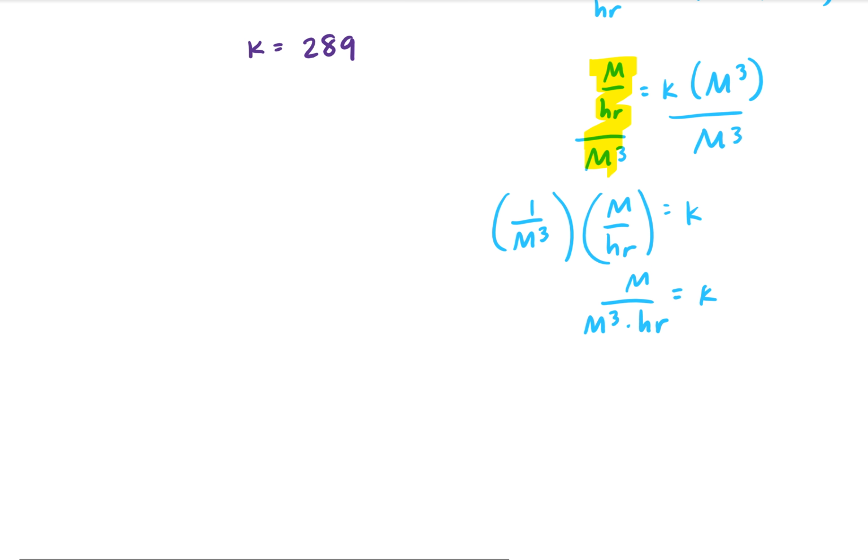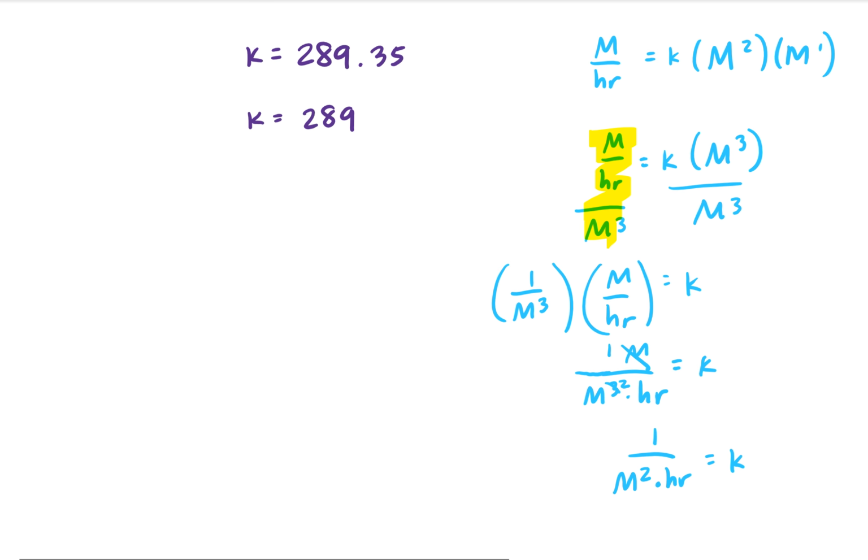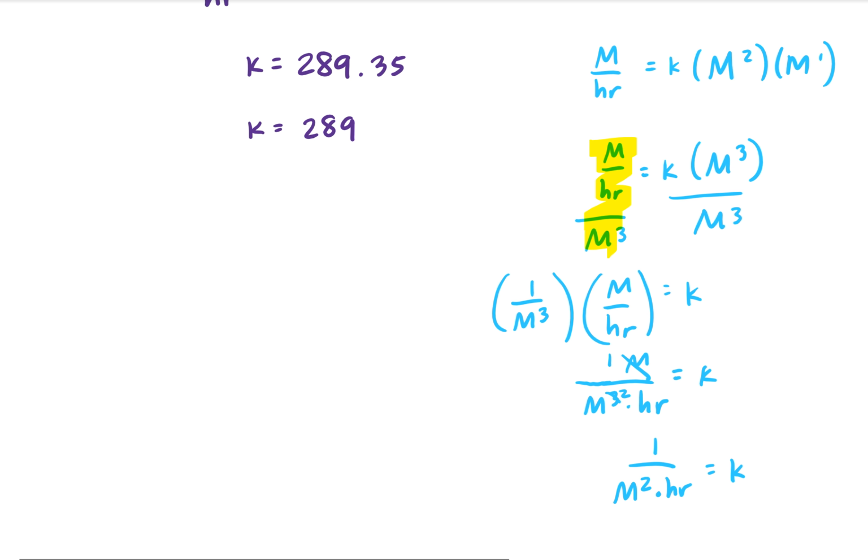That molarity on the top is going to cancel and becomes a 1, and the number of molarities on the bottom becomes 2. So we're left with 1 over molar squared times hours. And that is the unit of our rate constant. So k is equal to 289, 1 over molarity squared times hours. And that would be your final answer.